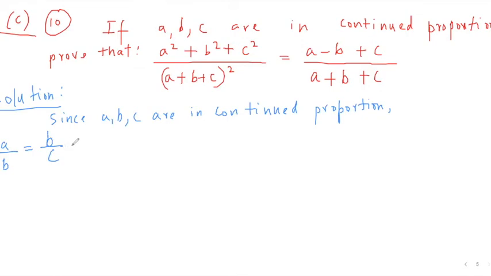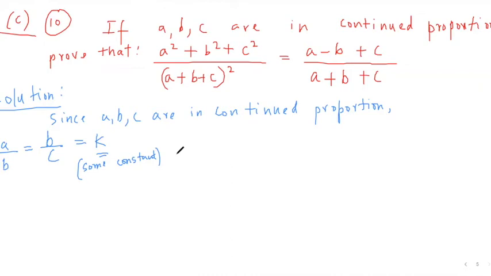A by B is equal to B by C, correct? Yes, sir. And we let this be equal to K. K is some constant. We don't know what that is, but some constant. And we are not even interested, because it's just a proof.